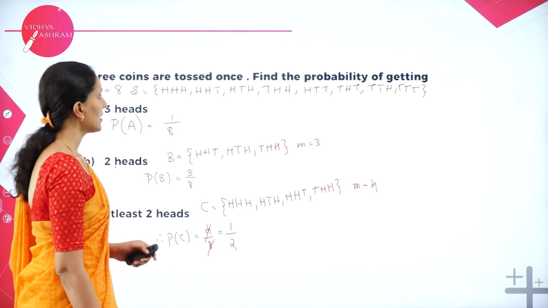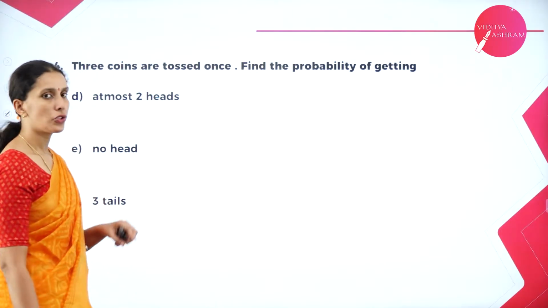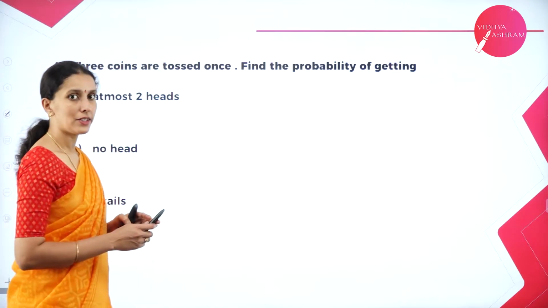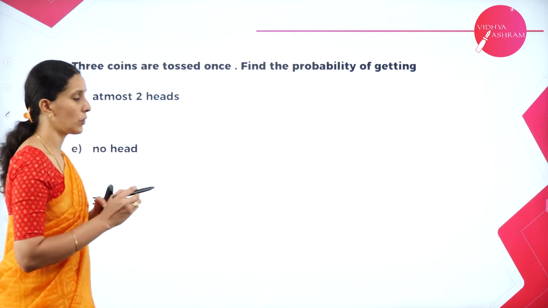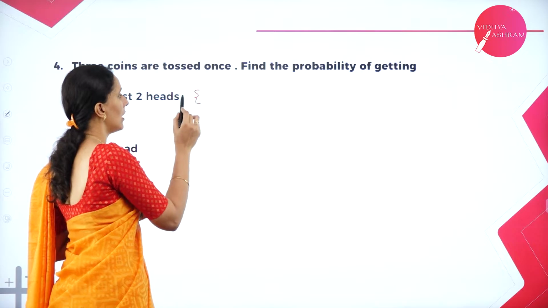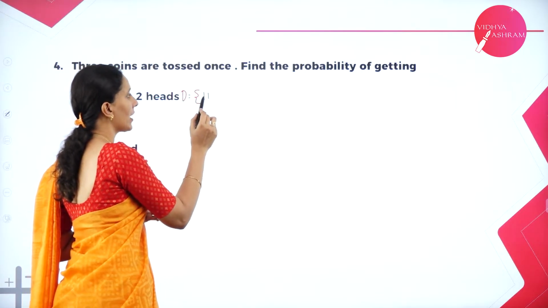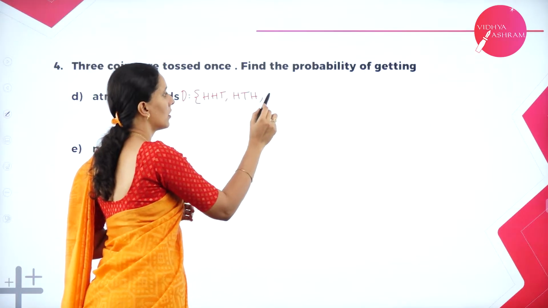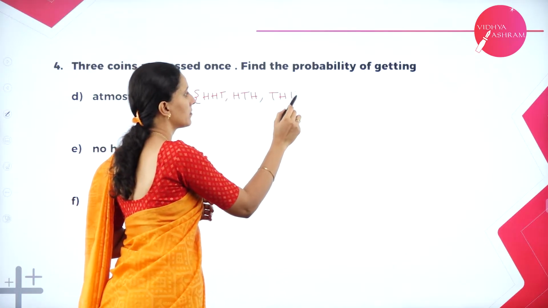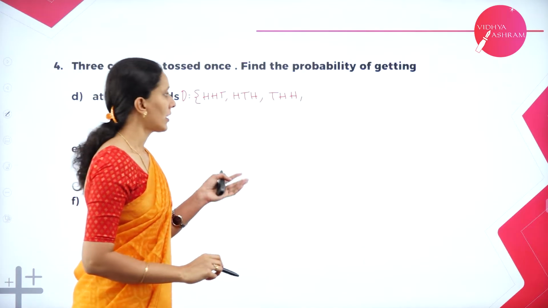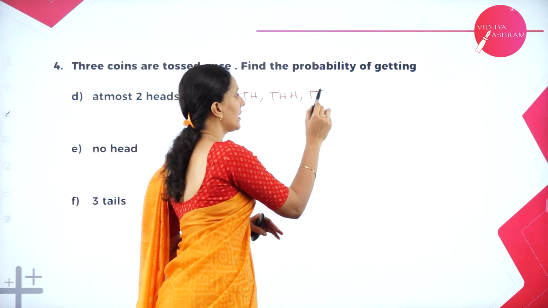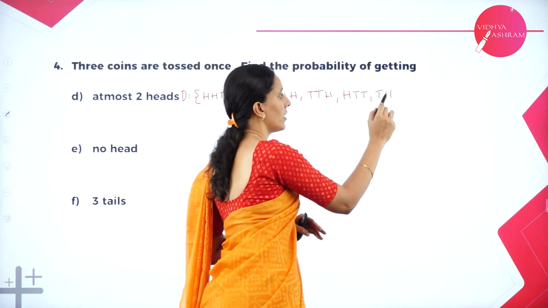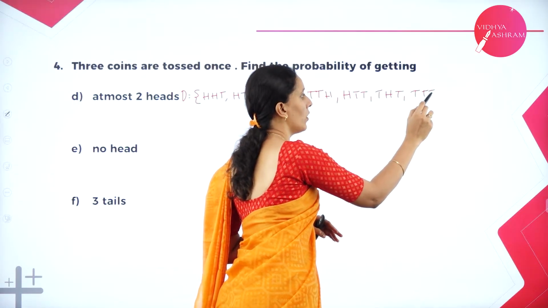Now for the same question, we have at most 2 heads. That means maximum 2 heads it can contain. So what are the possibilities of at most 2 heads? Let me take this as D. I can take HHT, HTH, THH, and it can also have TTH, HTT, THT and no heads.